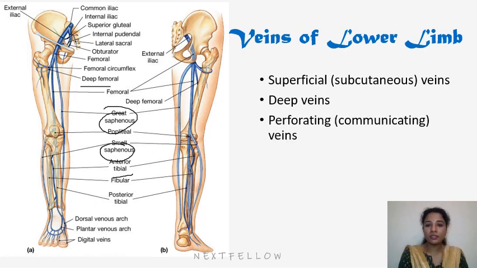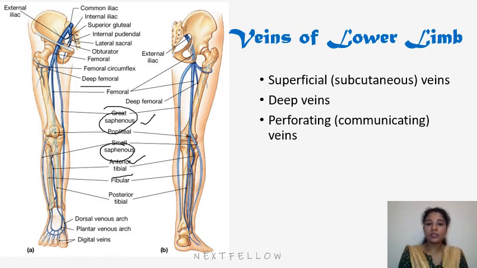And perforators or perforating veins or communicating veins, they are meant to communicate between these superficial and deep veins. So the two major superficial veins are long saphenous and short saphenous vein. The long saphenous is otherwise called as great saphenous vein, and this is the small saphenous. These two are considered as the chief superficial veins.